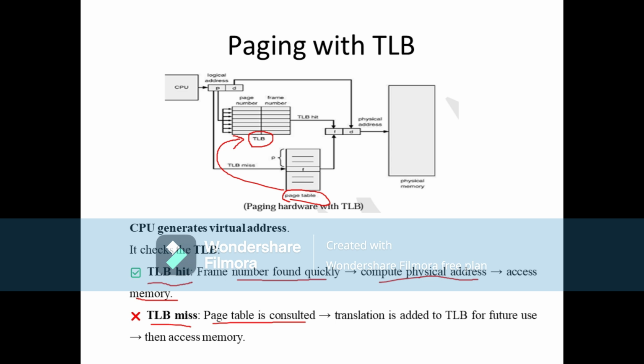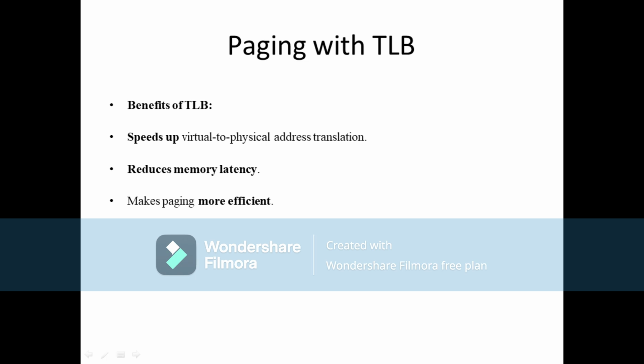So if there is a TLB hit, we save time, and for a TLB miss, for the first time from the page table we have to assign that page to the TLB. What are the benefits of TLB? It speeds up virtual to physical address translation, reduces the memory latency and makes paging more efficient.